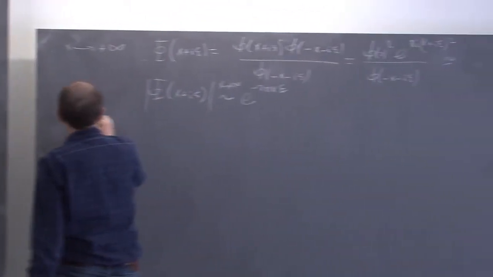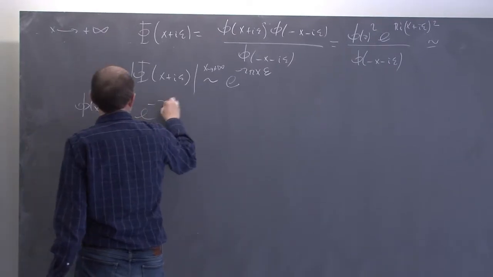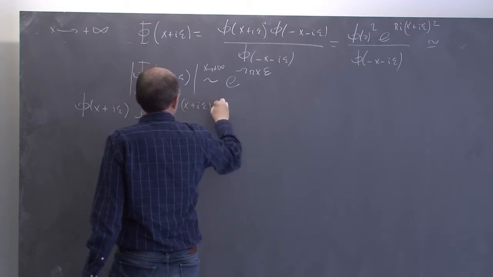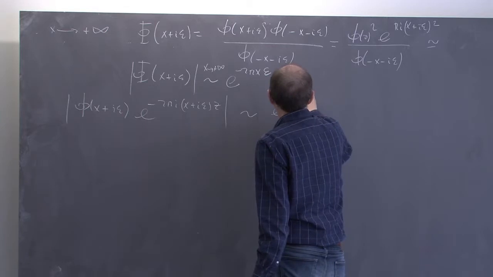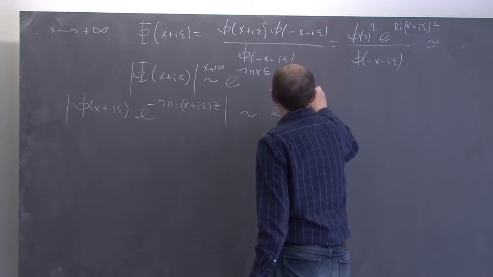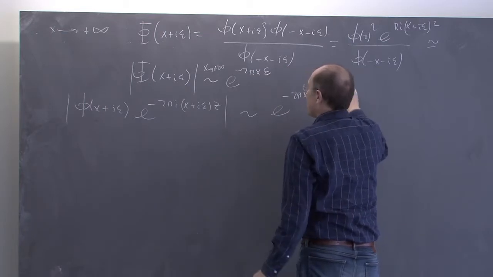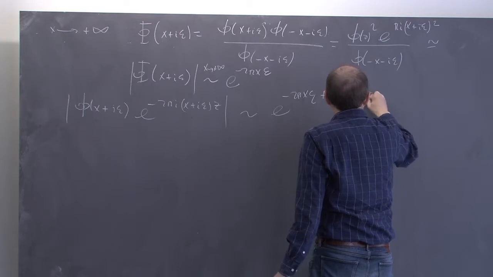So phi of x plus i epsilon times e to the minus 2 pi i (x plus i epsilon) z, in absolute value, gives e to the minus 2 pi x epsilon, which comes from this part, times e to the plus 2 pi x imaginary part of z.